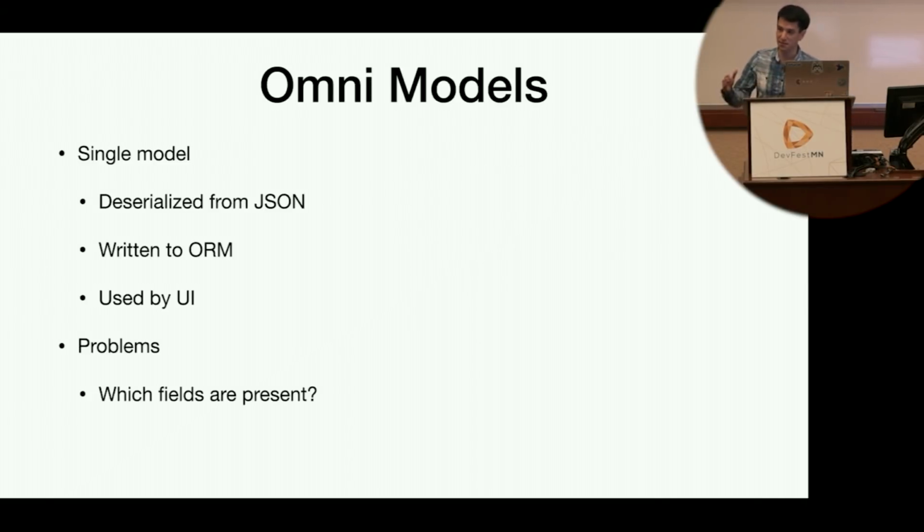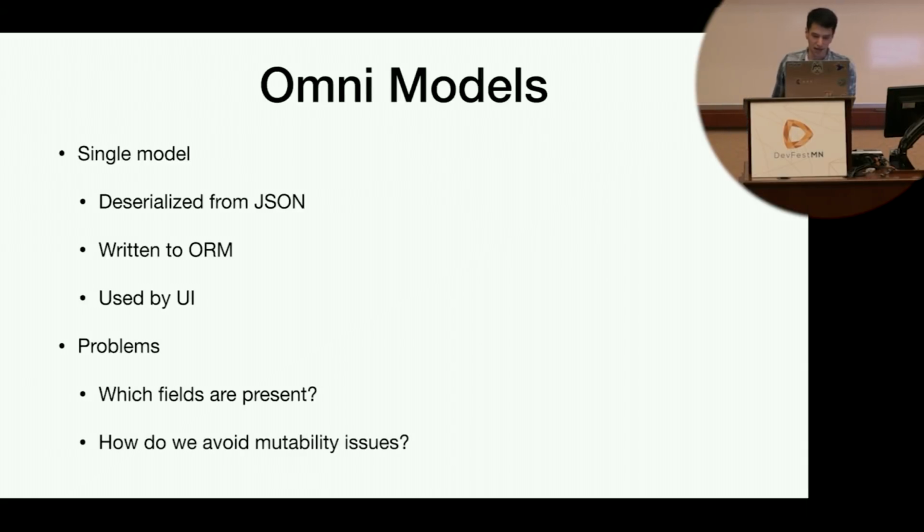And then you get to the UI portion of things, and things blow up because you weren't expecting this thing to be null that actually turned out to be null. And then the other thing is that we've gotten into the idea of immutable models and not having one single class. When we deserialize or write it to the database, it needs to be mutable, but we don't want it to be mutable in the UI because that caused a lot of sadness, especially around caching.